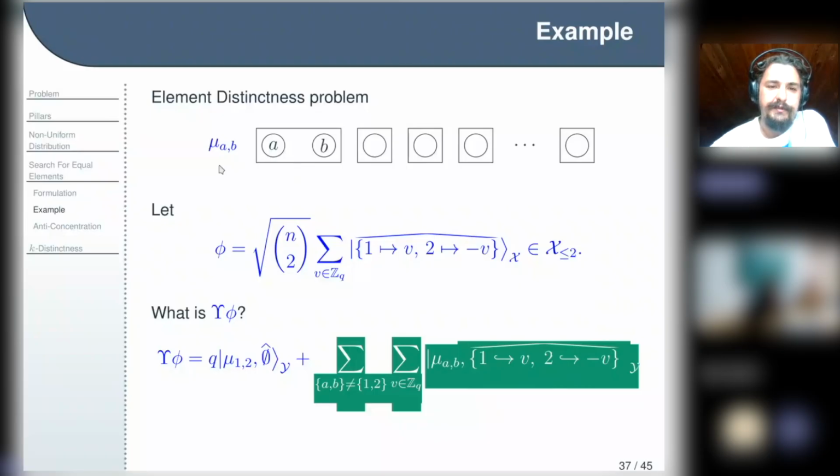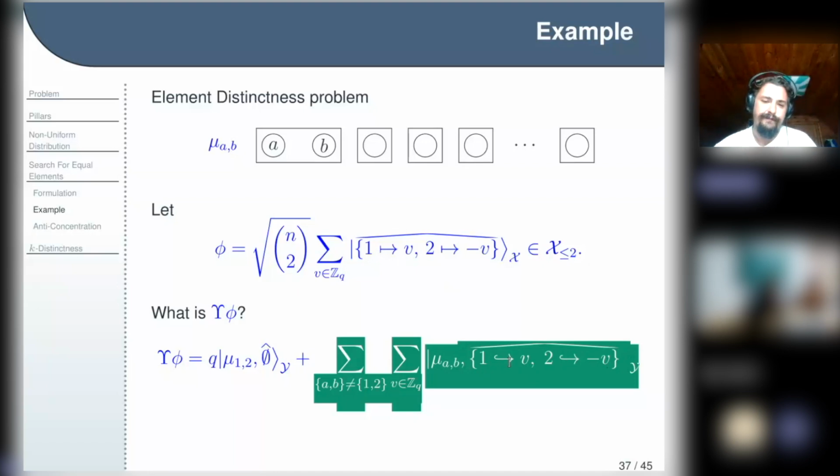Assume that I have all possible partitions of this form: two equal elements and everything else singletons, but this pair a,b can be located anywhere I want. This is given by mu_{a,b}. If this mu_{a,b} is not 1 or 2, then 1 is going to the block that contains 1, and 2 is going to the block that contains 2.